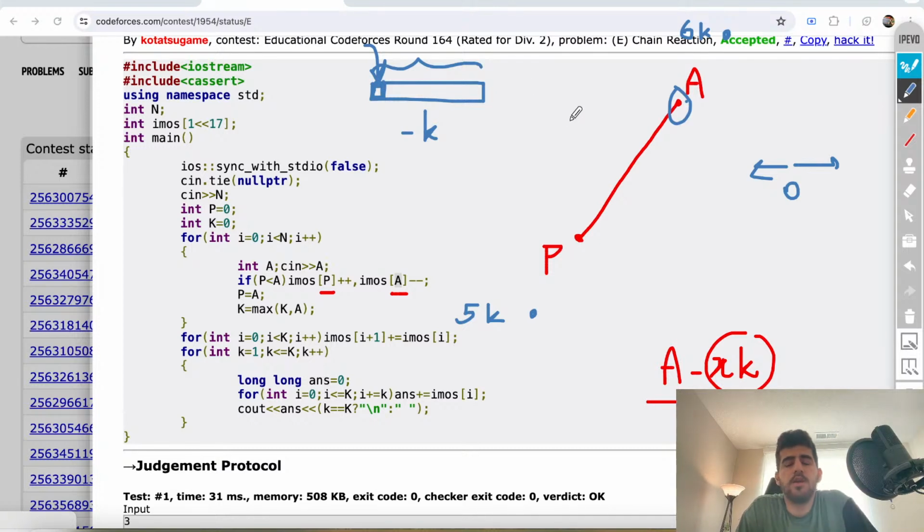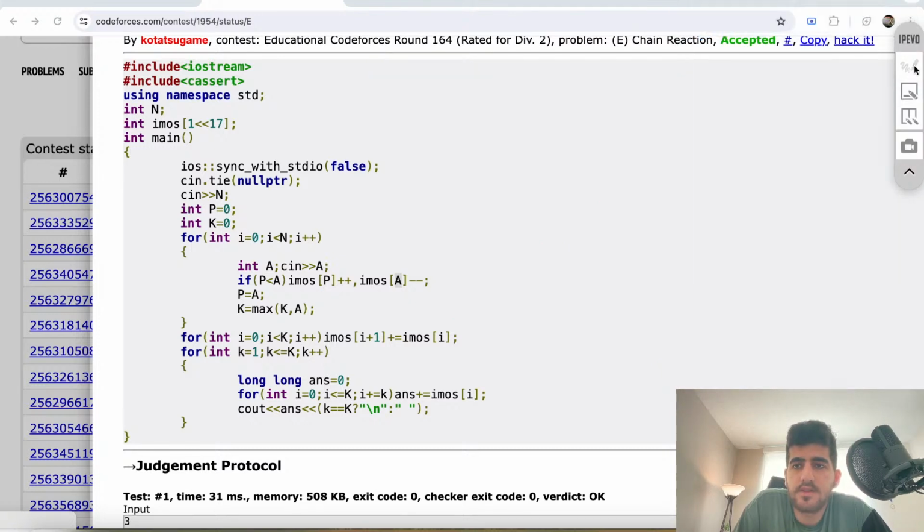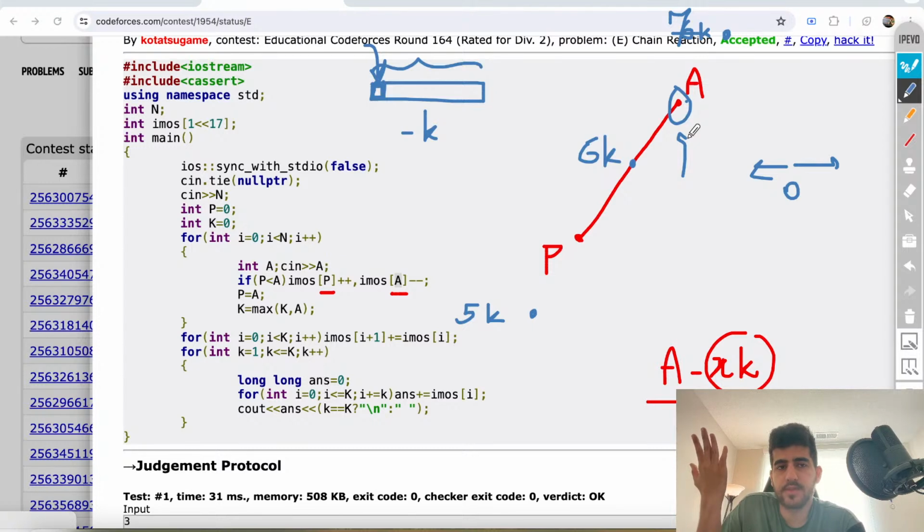Now assume that there is one multiple of k between these two. For example, this is 7k, and 6k is somewhere in the middle. My battery is dying as well. So 6k is between these two. Now I'm saying that one additional interval should be started at A, because whenever P dies, A needs one additional step.